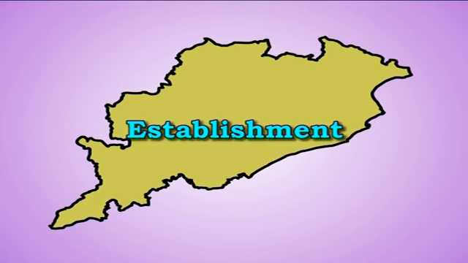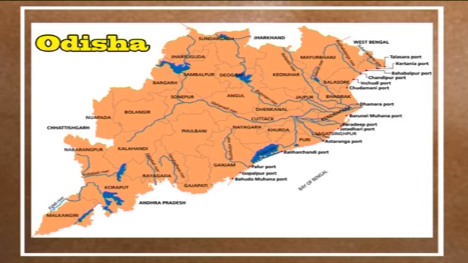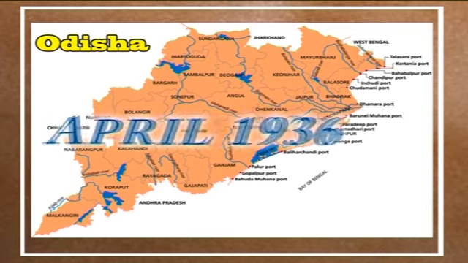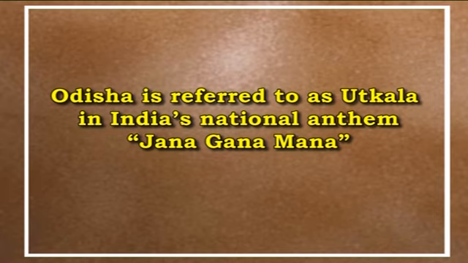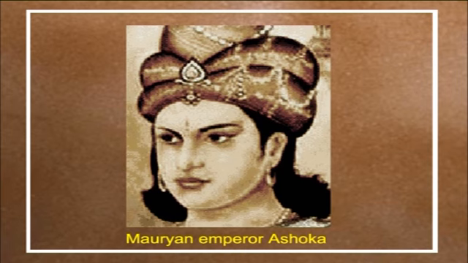Coming to the establishment. Odisha was established in April 1936 during British India. The state predominantly consists of Oriya-speaking people. Odisha is referred to as Utkala in India's national anthem, Jana Gana Mana. This land was earlier conquered and ruled by Mauryan Emperor Ashoka.